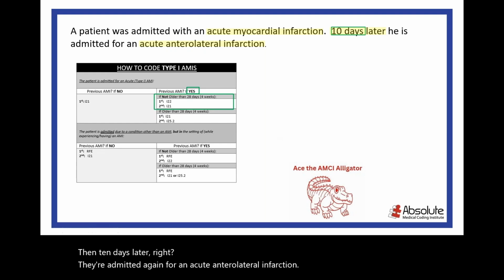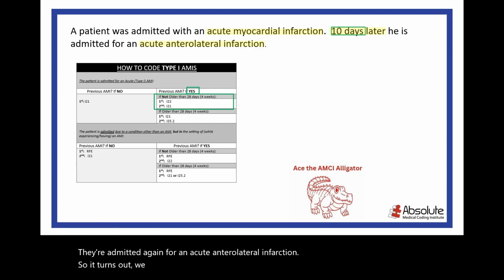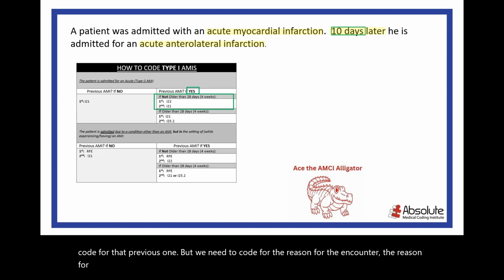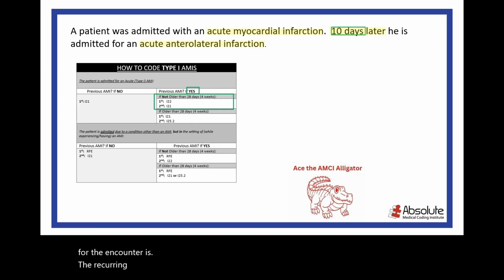So it turns out we need to code for the current one, right? Let's assume we already built and coded that previous one, but we need to code for the reason for the encounter. The reason for the encounter is the recurring one. So let's look at our chart.